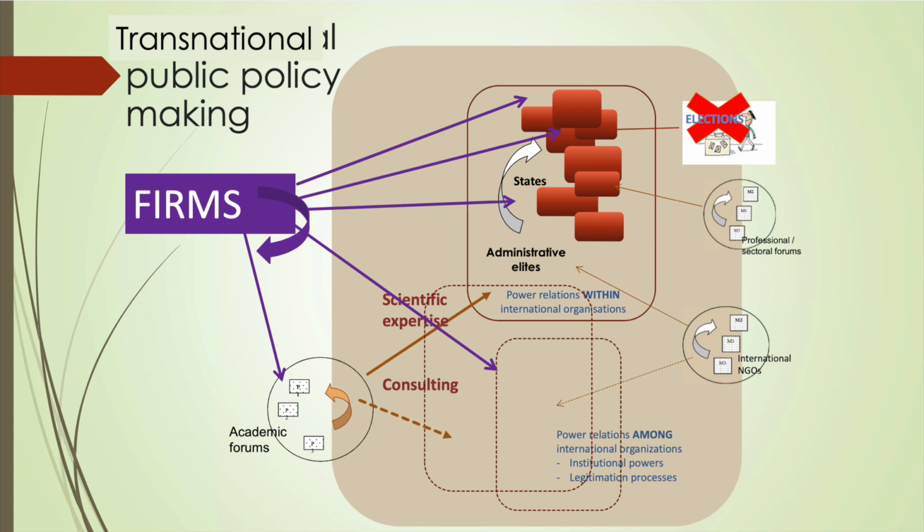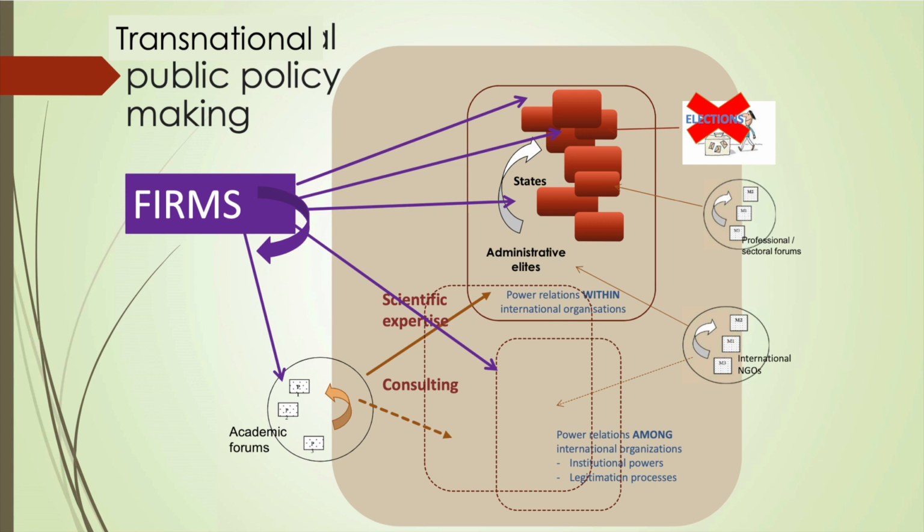They have a lot of what we call, there is a name for this, false NGO paid by firms, astroturf, we say in sociology. So there is a role of these firms in transforming international public policy.